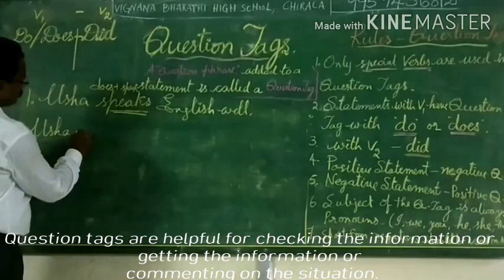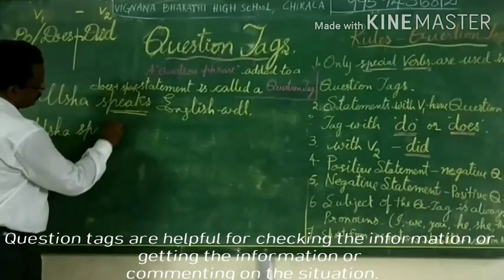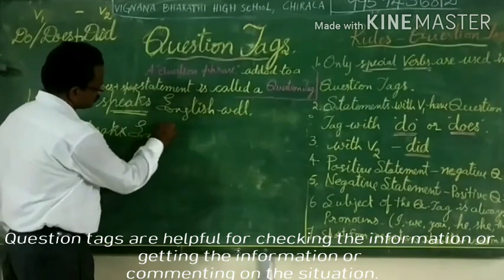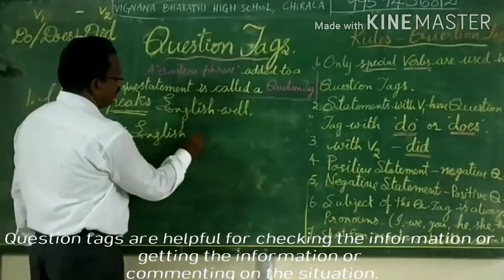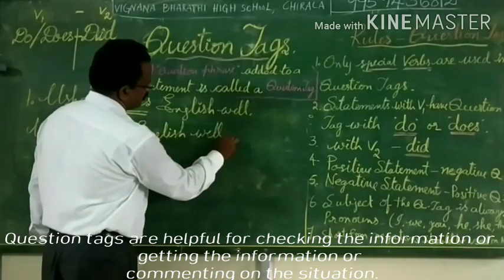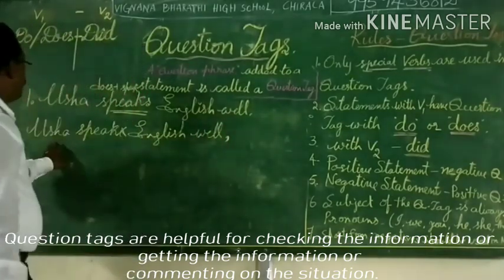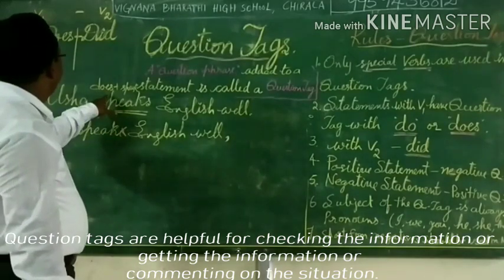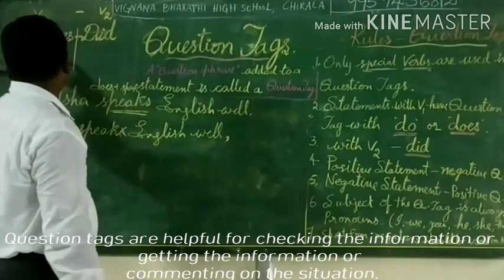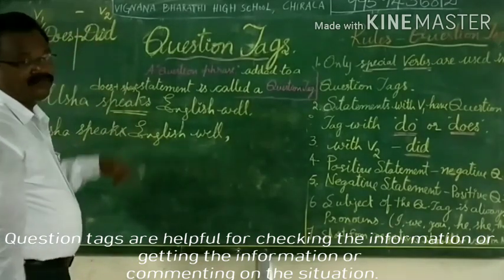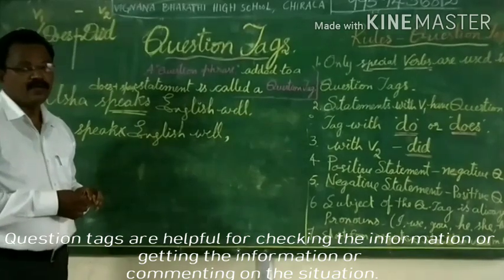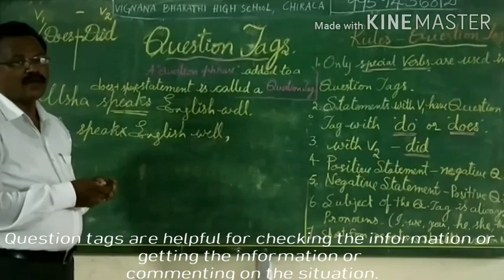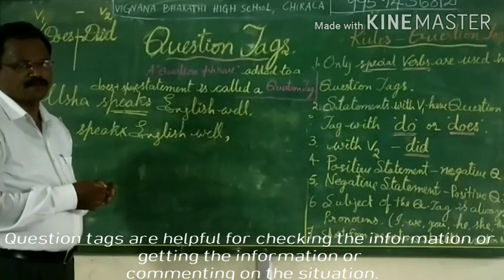Usha speaks English well, comma. Already I said, what is the special verb? Here, does. It is under does form. Do, does, did. If the sentence has a main verb, we have to understand first whether the verb part is in present tense or past tense.